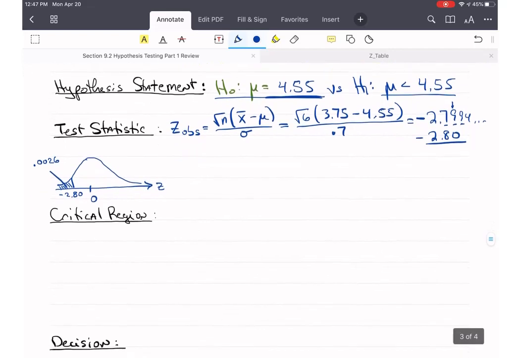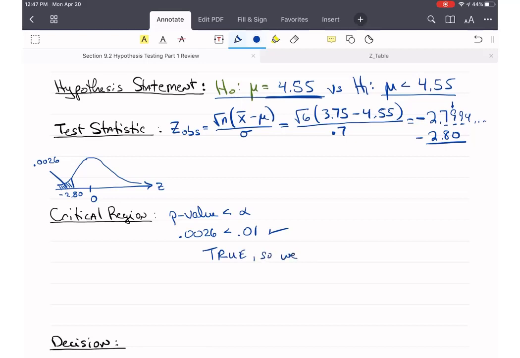So for my critical region, I have p-value is less than alpha. I just figured out my p-value, 0.0026, less than 0.01. That is true. So true.